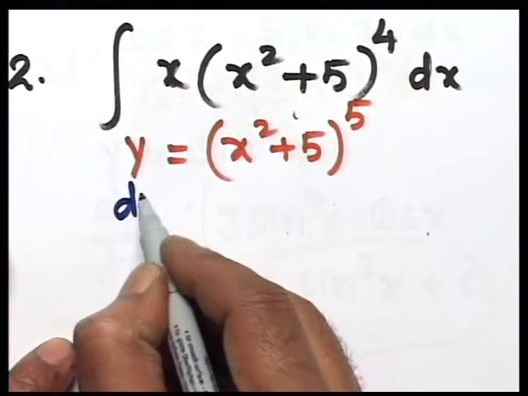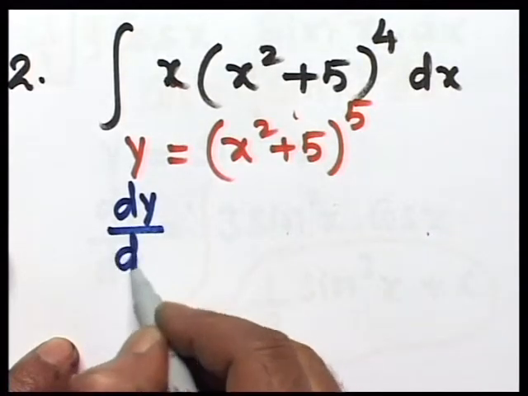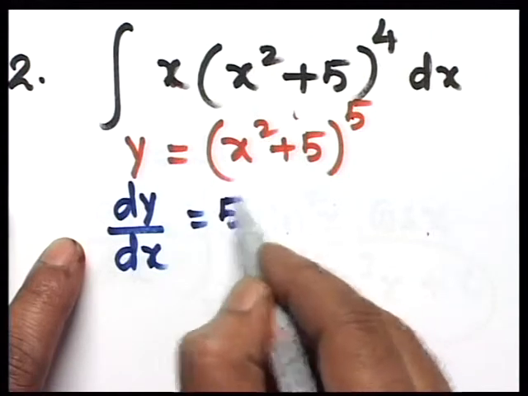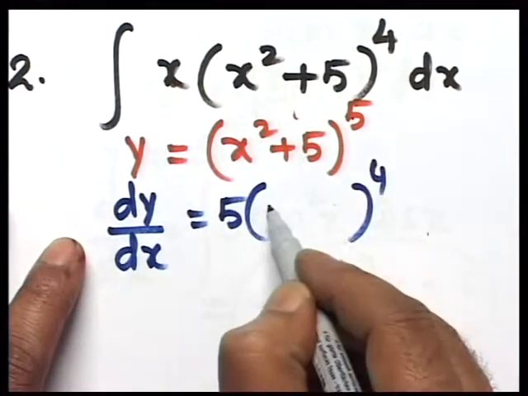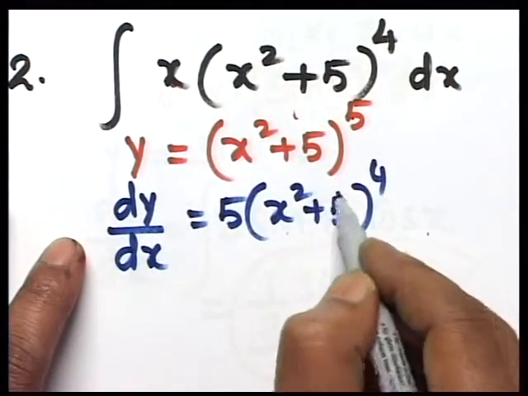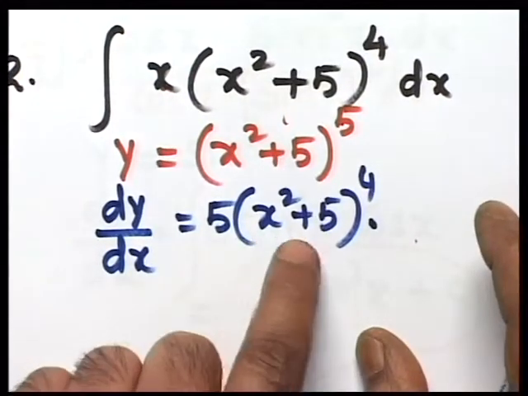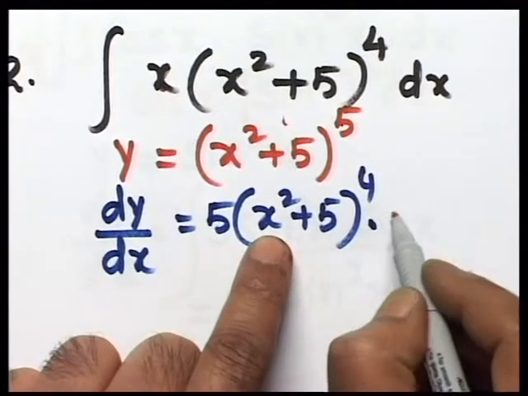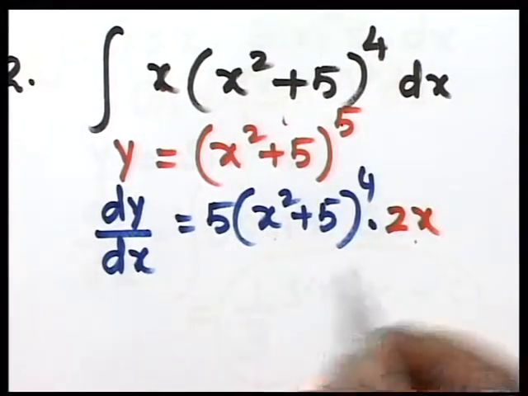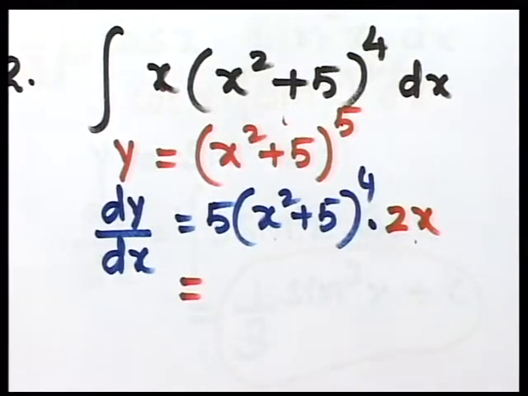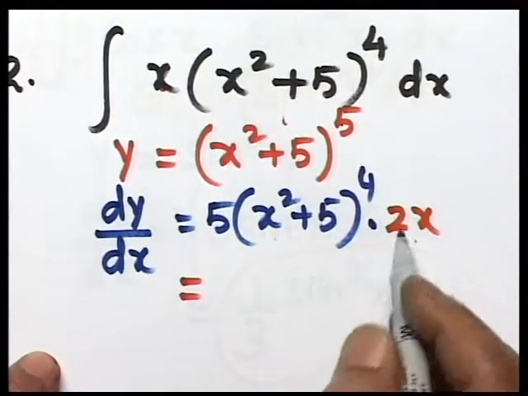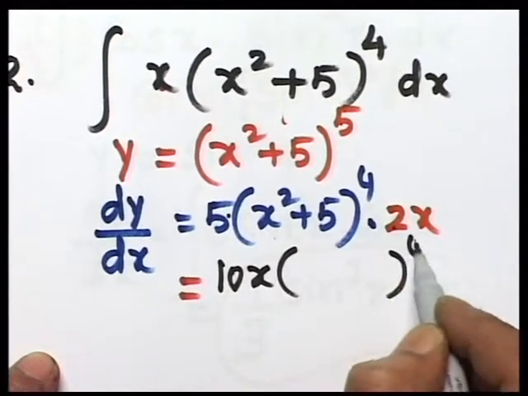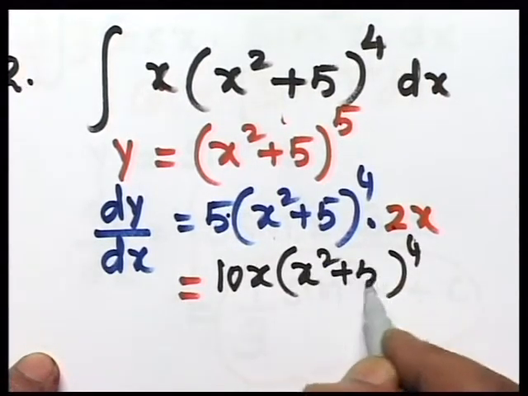So differentiate on both sides with respect to x. dy over dx equals 5 comes to the front, bracket to the power 4, x squared plus 5. By chain rule, we need to differentiate the bracket, which comes as 2x. So when you simplify that whole thing, you're supposed to get 10x times bracket x squared plus 5 to the power 4.